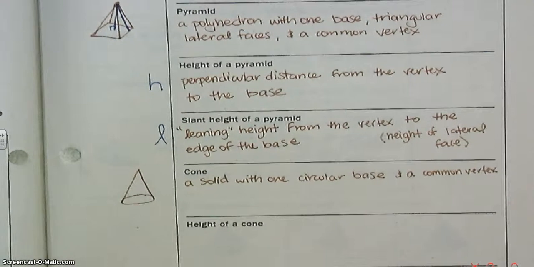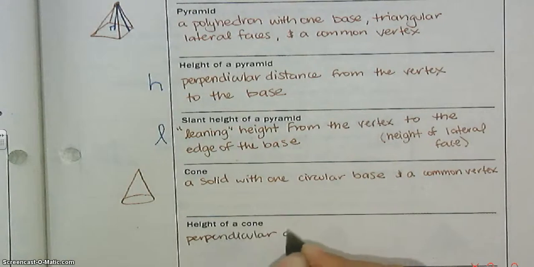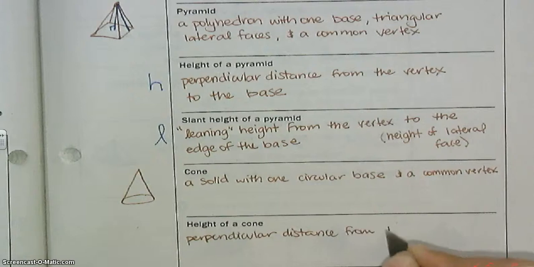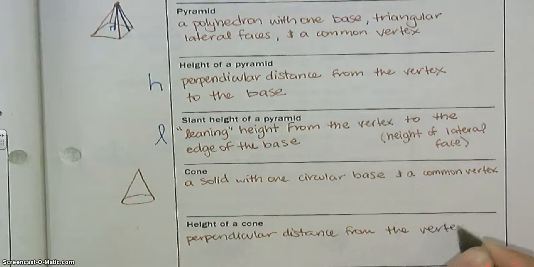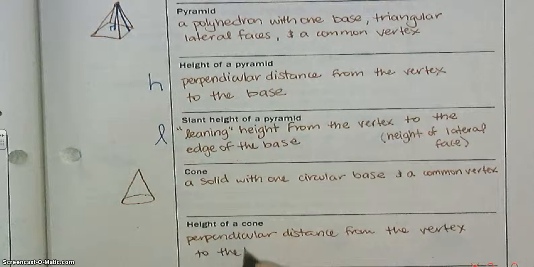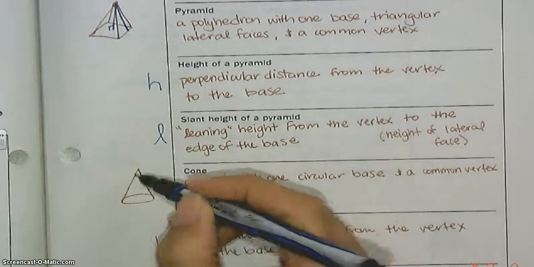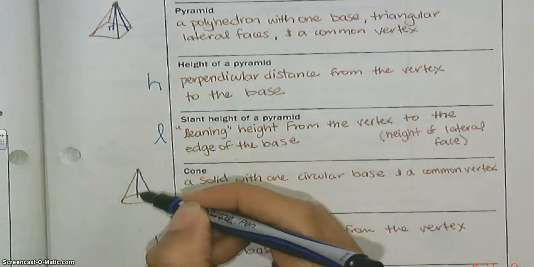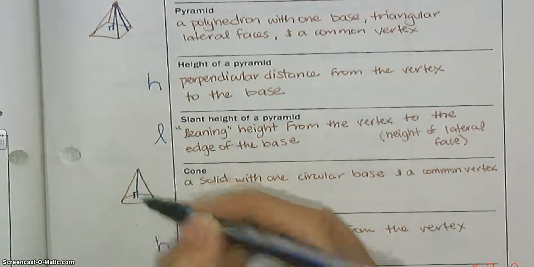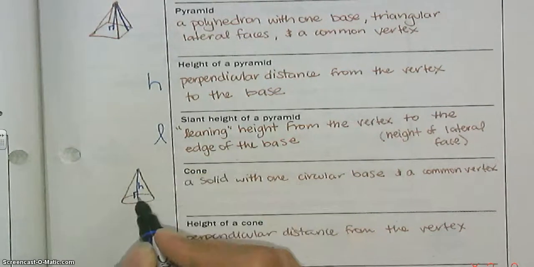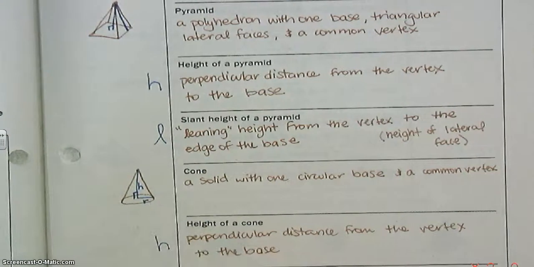So once again, the height of the cone is the perpendicular distance between the vertex and the base. From the vertex to the base. And we call that H. So H goes from here straight down. There's H. All right, and you already know this is the radius, so put an R there.